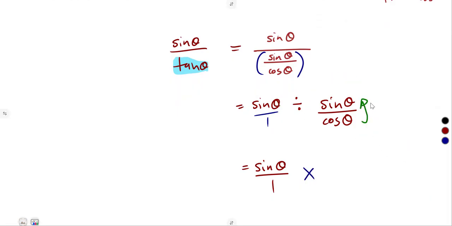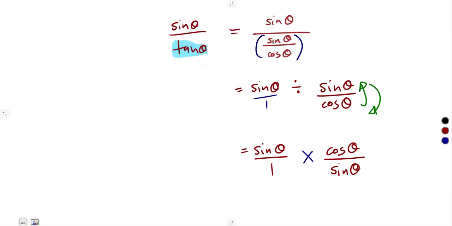So cos on top, the sine in the denominator: cos of theta over sine of theta. The moment you introduce the multiplication sign, you interchange the second fraction.